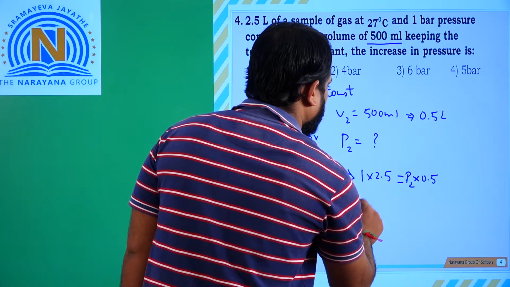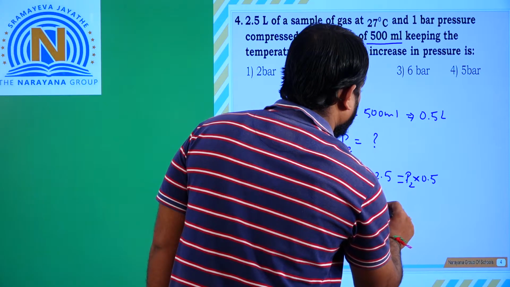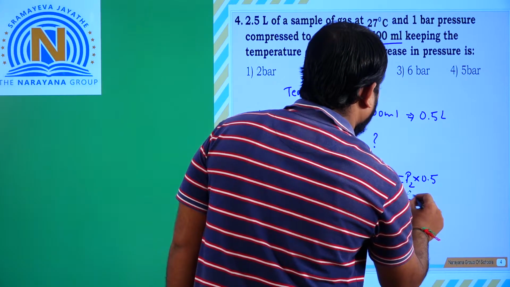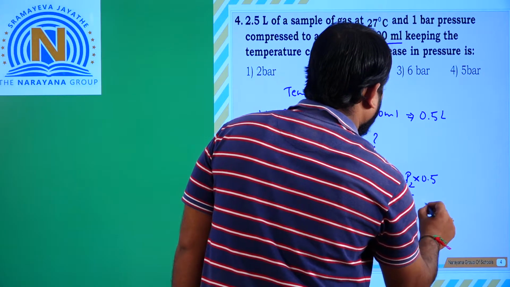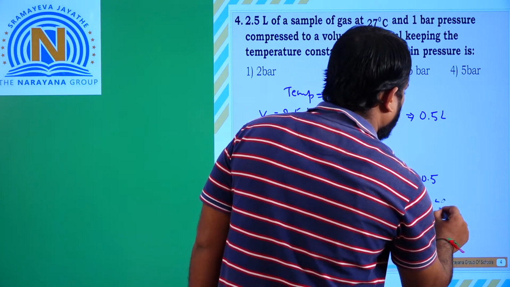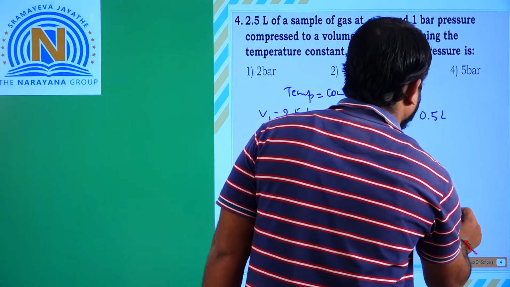So P2 is equal to 2.5 by 0.5, and you will get 5 bars.